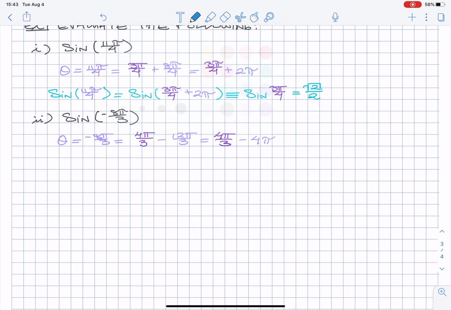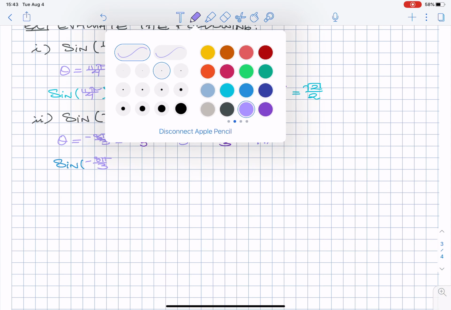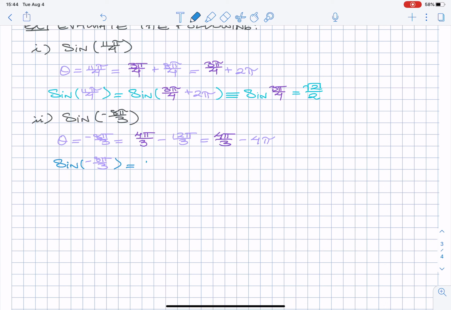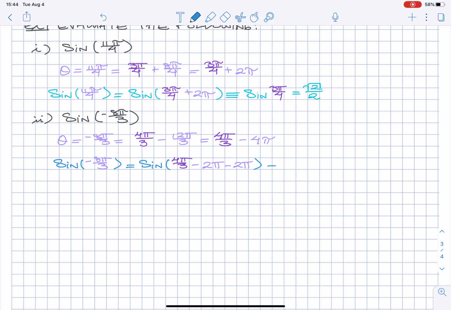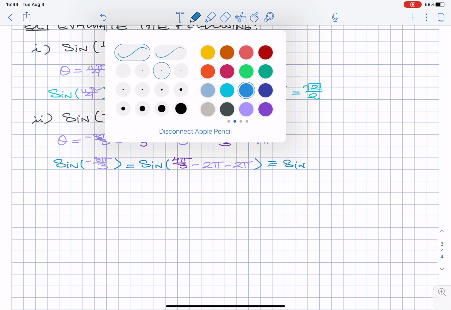So hence sine of a negative 8 pi over 3 will be sine of a positive 4 pi over 3, from which I'm going to subtract 2 pi, and I'm going to subtract 2 pi. So I can ignore each of those full revolutions, and this will be equivalent to sine of positive 4 pi over 3.